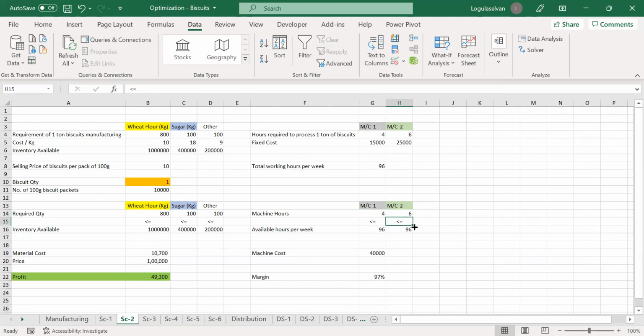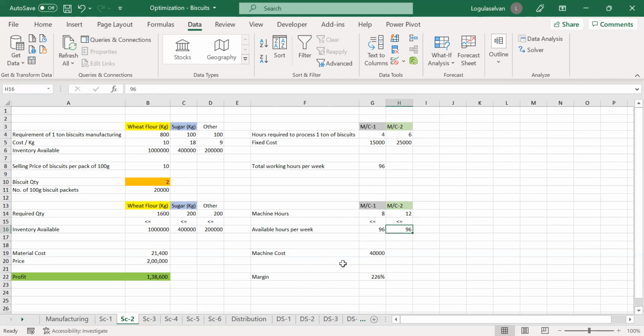Similarly here also, if this becomes 2, the required quantity and the machine hours automatically change. The second constraint in machine hours is the available hours per week. In any case, it can't go beyond 96 hours. You can't run the machine beyond 96 hours in a week.